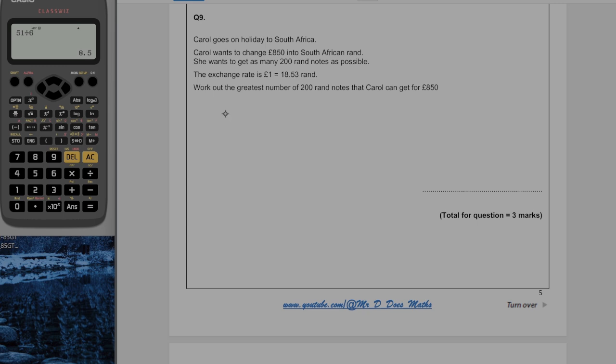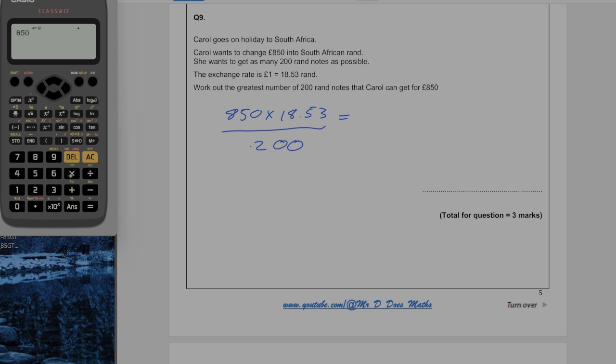Right, so I'm going to do 850 times by 18.53, and then I want to divide my answer by 200, and then I'm going to truncate the number. That means chop off the decimals.